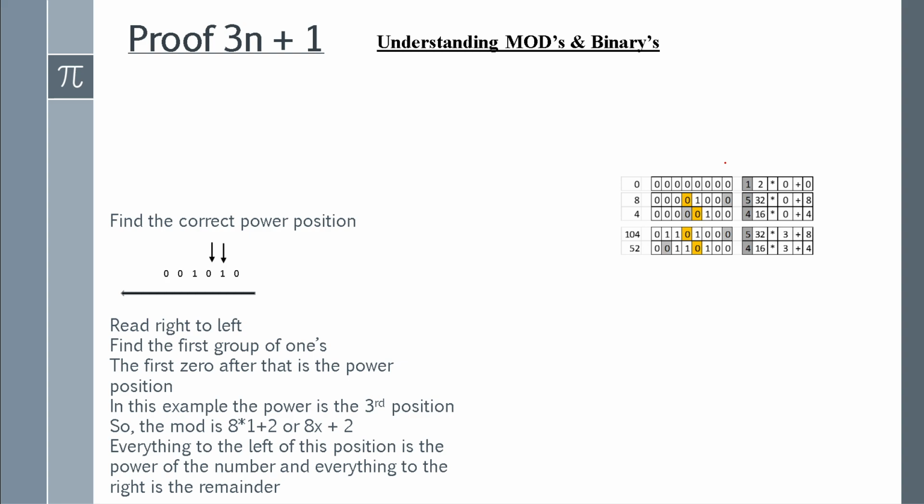So it remained 3 and didn't go to 6. So our power slot moved from 5 to 4, so we're at 16. Our remainder went to half of what it was, but our power number doesn't get changed.